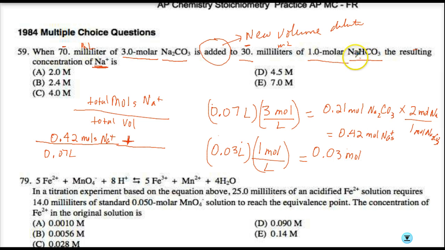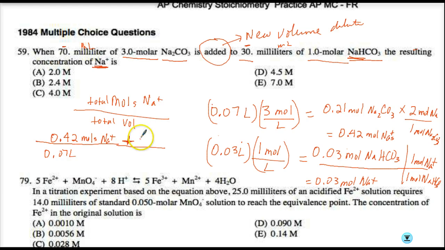And this is a 1 for 1, so I have that many moles of NaHCO3 I'm dumping in. For every 1 mole of the NaHCO3, I get 1 mole of Na+. Therefore, I'm getting 0.03 moles of Na+ from this side. So 0.03 moles of Na+.